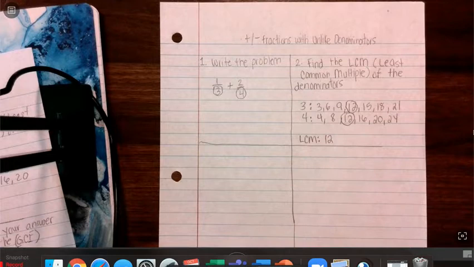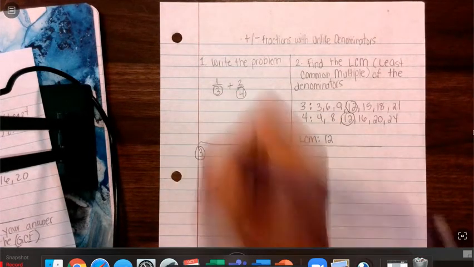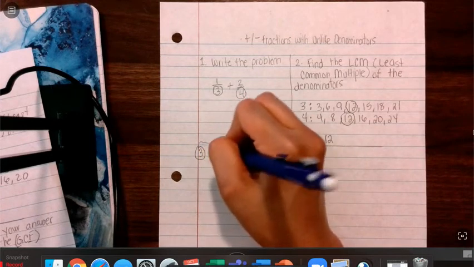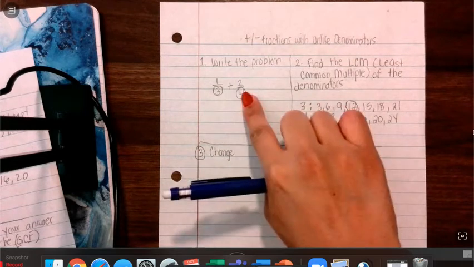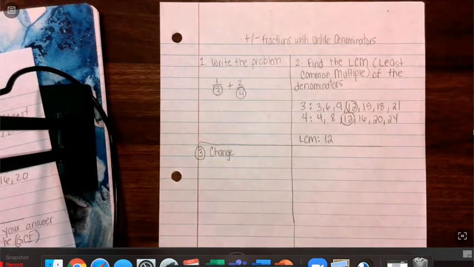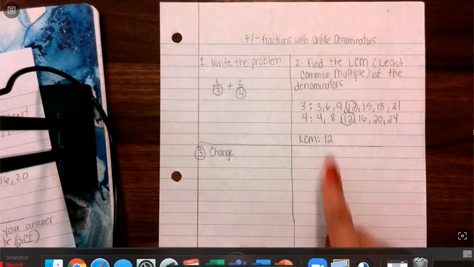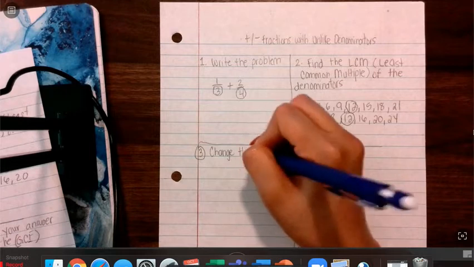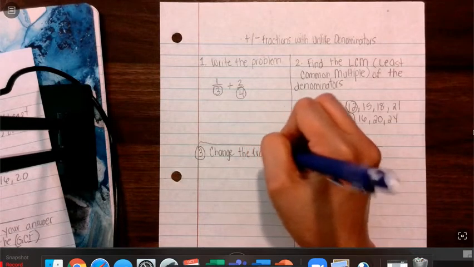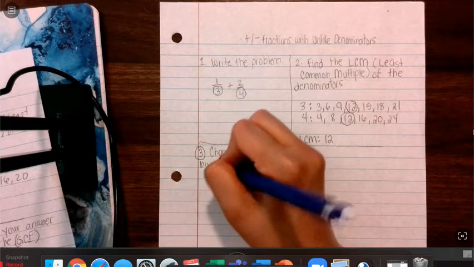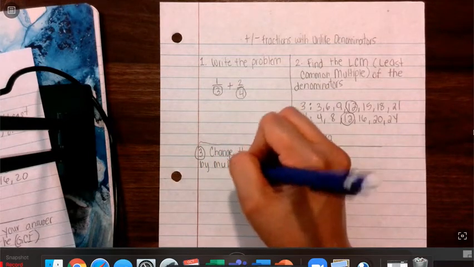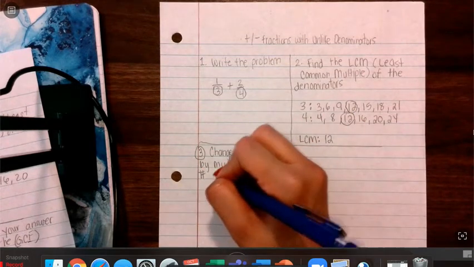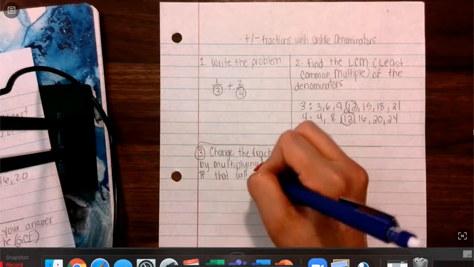We found our LCM. Number 3, we're going to change these two fractions by multiplying by a number that will give us 12, your new denominator.